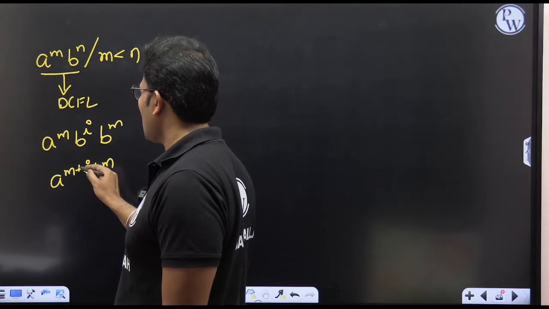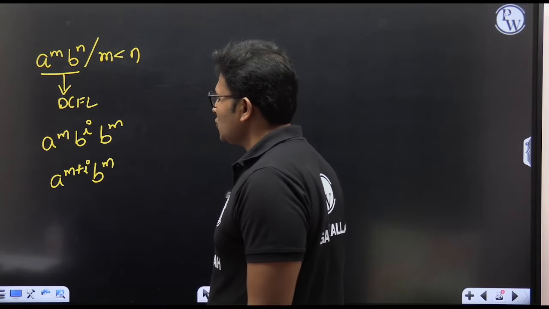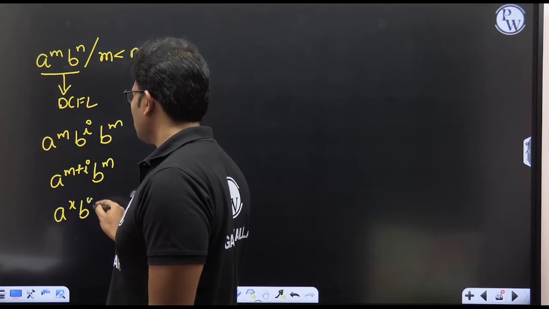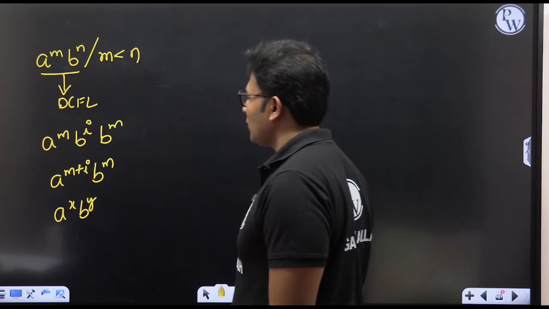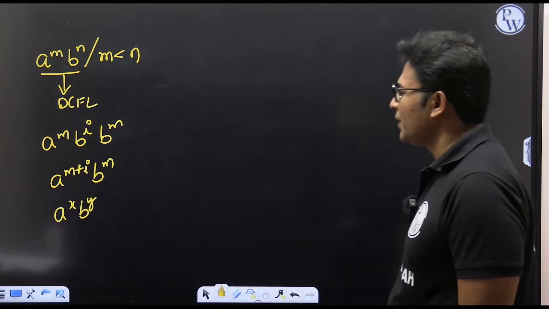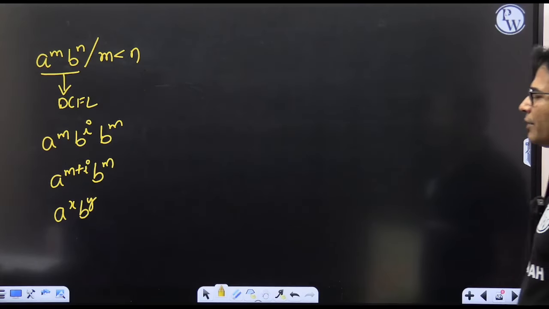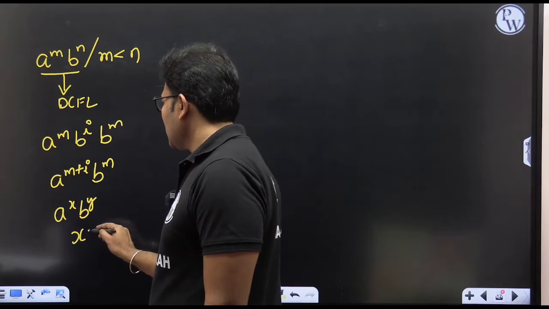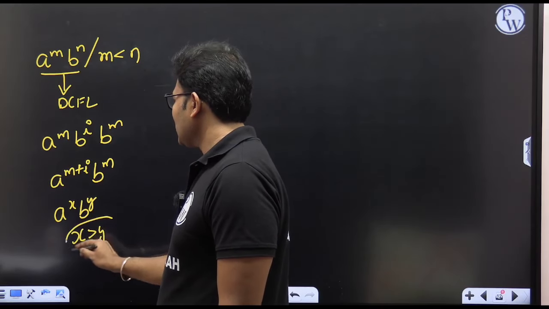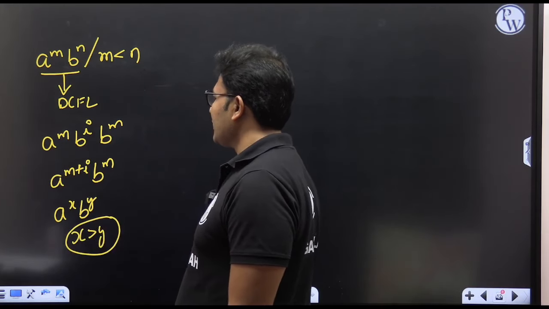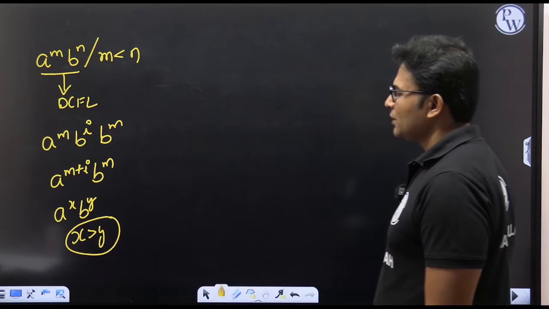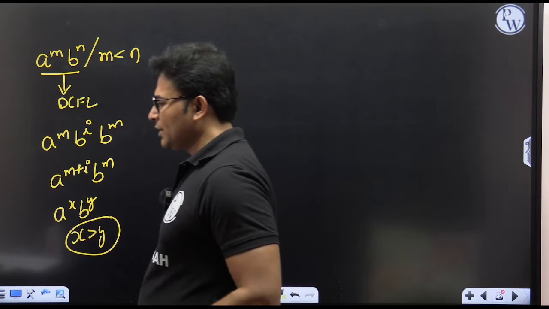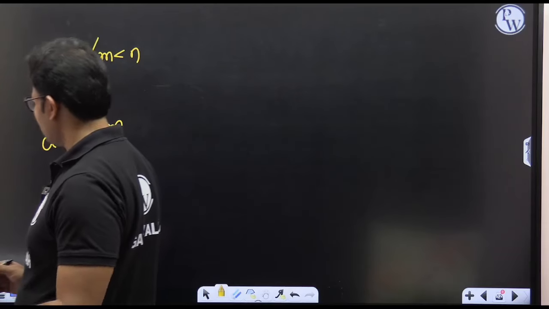Now you can easily solve it, right? So I can rewrite it as a^x b^y. Now we can clearly see that x is greater than y.